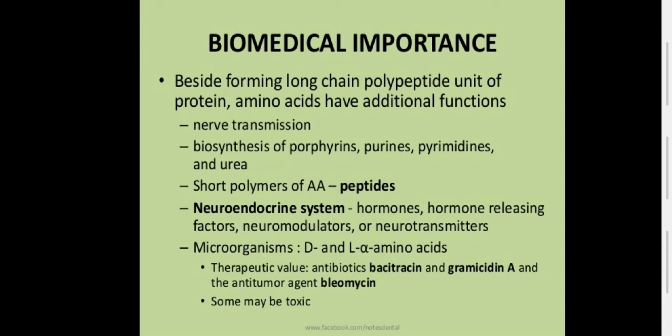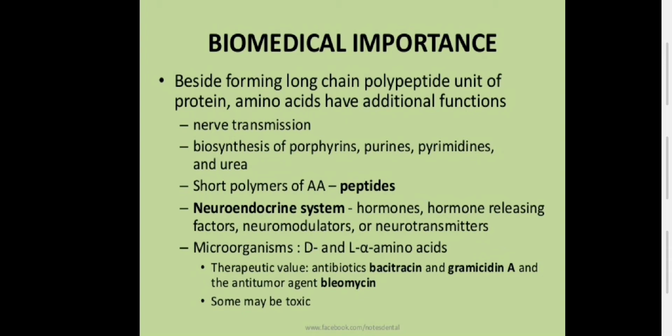Aside from that, in microorganisms, focusing also on the delta and the lysergic acid, alpha amino acid, it is said that in therapeutic value, protein or the building blocks of protein, which are amino acids, are needed in antibiotics. Those antibiotics are called bacitracin, gramicidin, and blumicin.